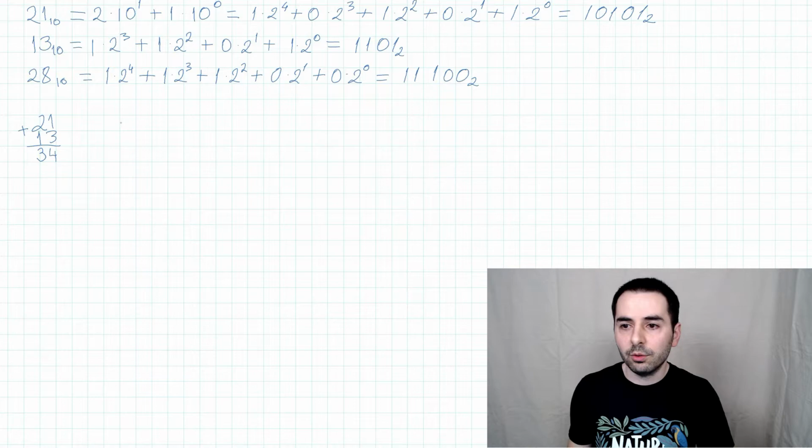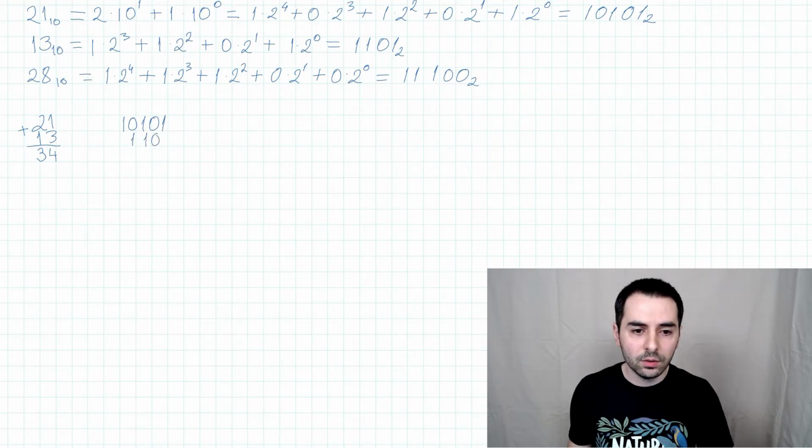Similarly, if we write this down in binary, 1, 0, 1, 0, 1, and 13 was 1, 1, 0, 1. Note that we should always align by the least significant bit. And the missing digit is basically 0, we can just add the 0.